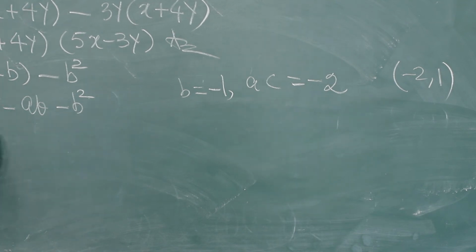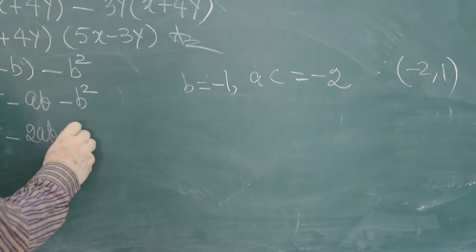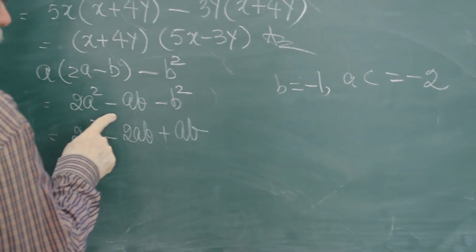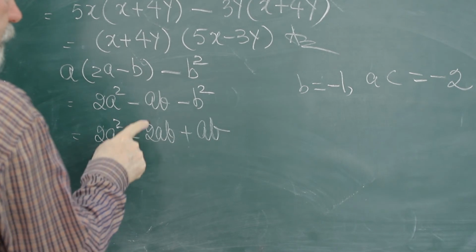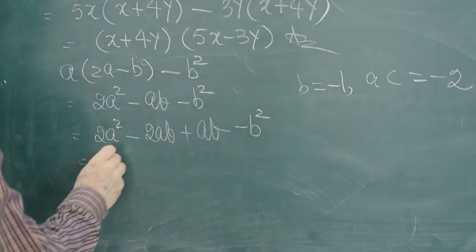How will I write it? 2a square minus 2ab plus ab minus b square. That is how I split minus 1 into minus 2 plus 1, so that you get minus b square. Make pairs.